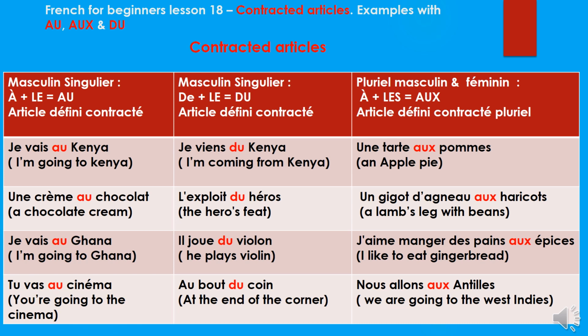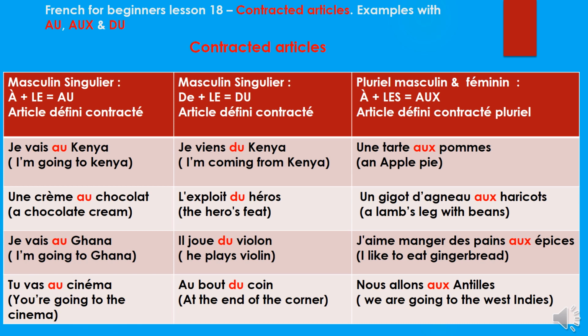For example, United Nations. In English, you say United Nations, UN. But in French, it's going to be Nations Unies. You're going to start with nations first, and then union. You say Nations Unies. While in English, it is united. So uni is united. Nations Unies. So here, for example, you say article défini contracté.